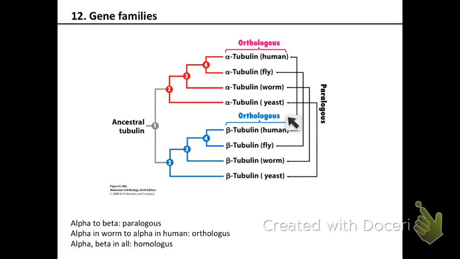If a gene is compared between two species, but the gene is essentially the same, such as alpha tubulin in humans and alpha tubulin in mouse, we call these orthologous genes, or orthologs. These are the same genes, but in two different species. All of these genes, orthologs and paralogs, are called homologs of each other because homolog means similar. They originate from the same original gene in the ancestral cell.